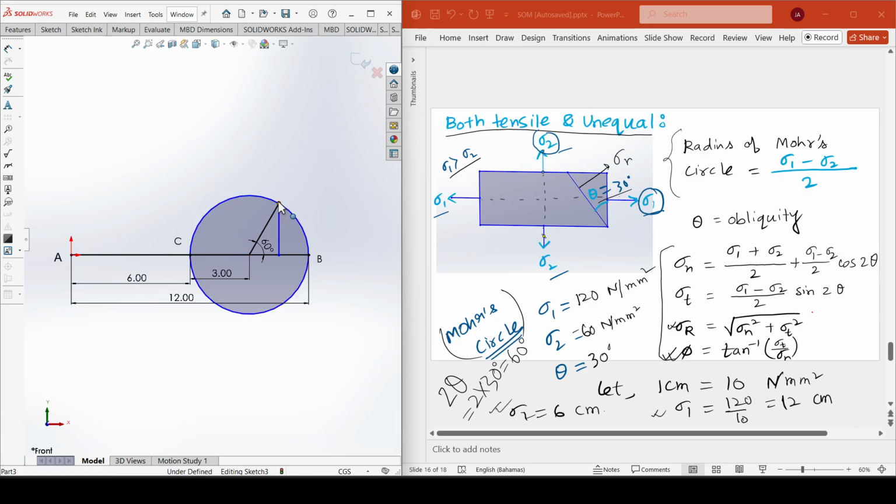Then you can draw a line from this point to this point. Sorry for that. So you can draw a line from this point to this point, and you can also draw a line from this point to this point. Let's name this point.